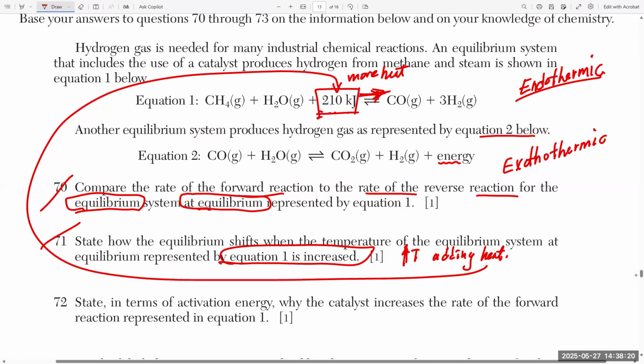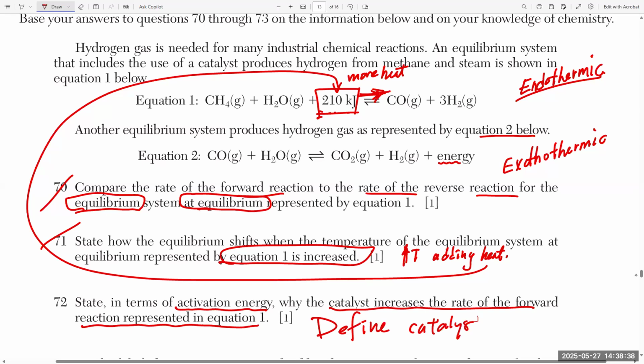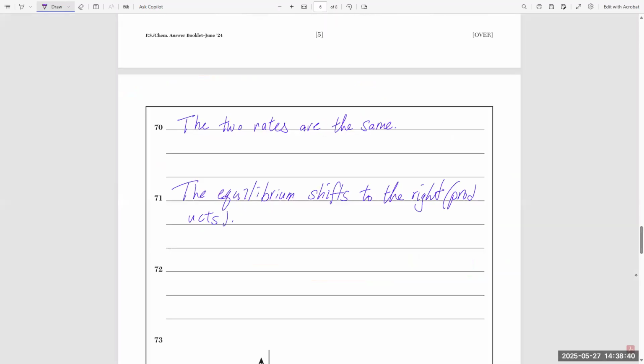Okay, 72. State in terms of activation energy why the catalyst increased the rate of the forward reaction represented in equation 1. Again, this has nothing to do with it. It's just asking you to define catalyst, right? So what is it?